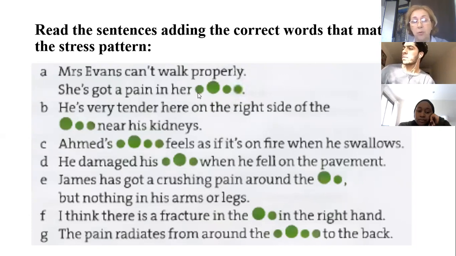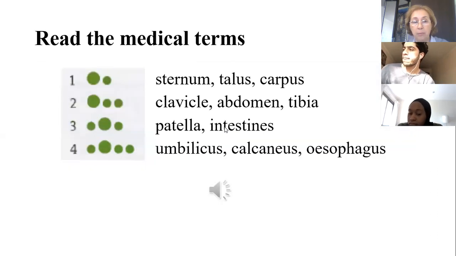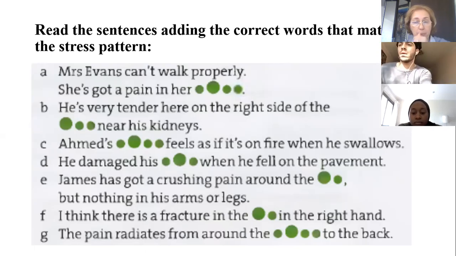The circles show how many syllables there are in the word and which syllable is stressed. So the same words from the previous slide, and the words that you have written on your paper, you should use one of them, depending on the context. So you should read the sentences, adding the correct word.